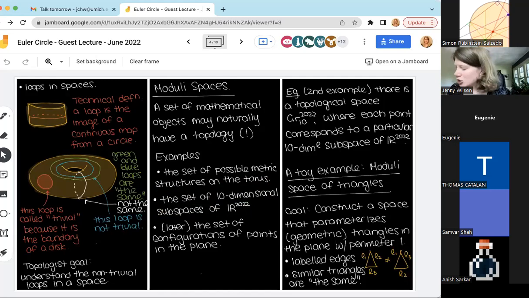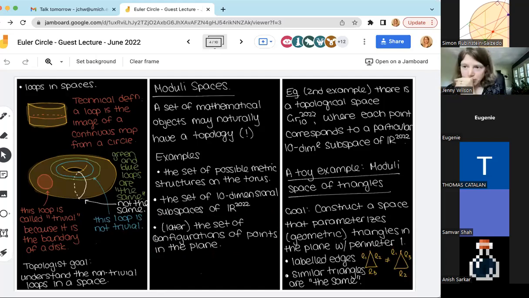And there's nothing special about the numbers 10 and 2022. You could take your favorite vector space and look at all k-dimensional subspaces, and it turns out that set of subspaces naturally has a topology, and it's a moduli space. It's called the Grassmannian. And what I will hopefully actually have time to at least define in the talk are configuration spaces.